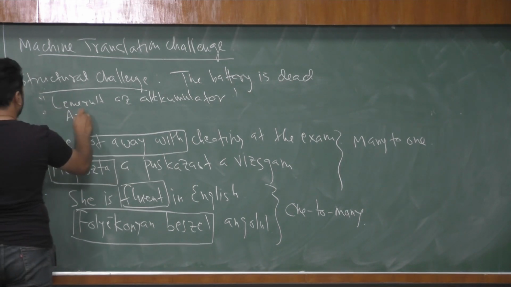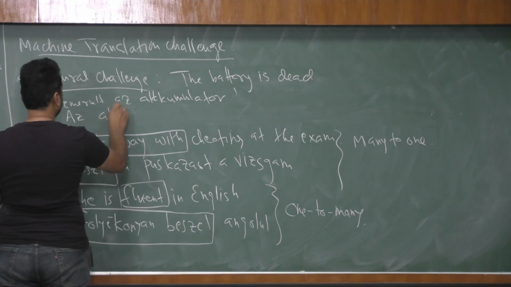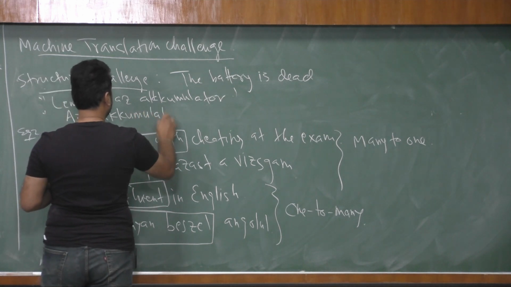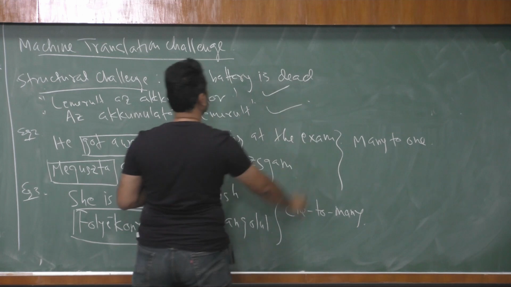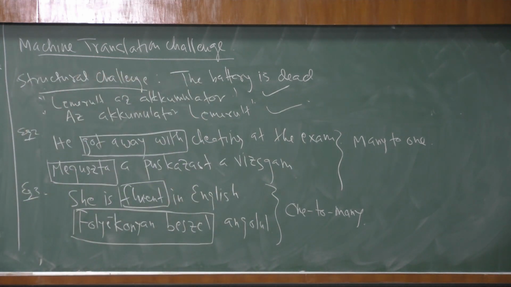Another way is that we can write like this. So both are correct. That's what I was trying to say. So there's also a possibility that the same sentence can be written in different ways. So these are the challenges that you have. Multiple orders are also possible.